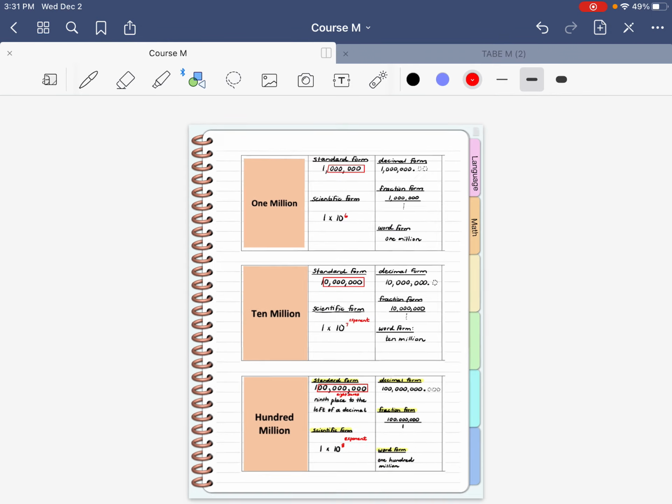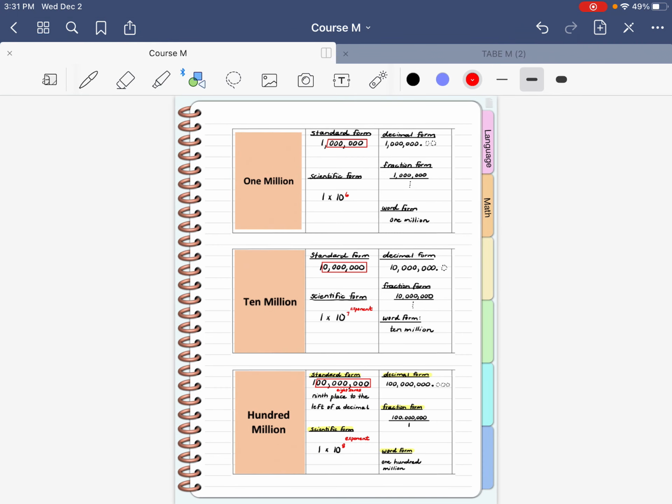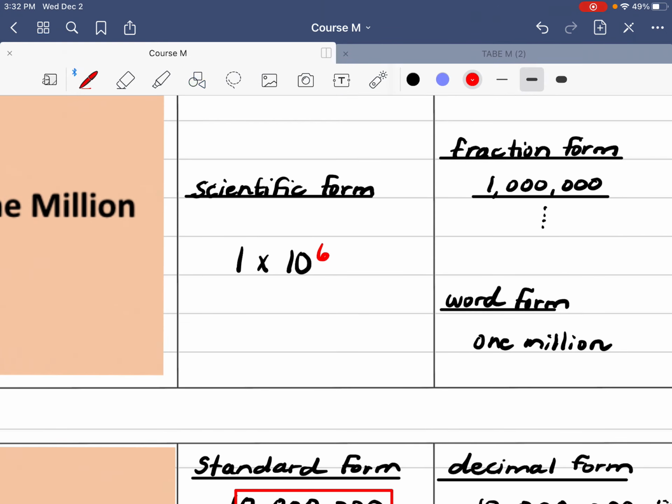And that is the millions group. You notice that the exponent depends entirely on the number of zeros, and that the exponent is getting smaller as the number gets smaller.